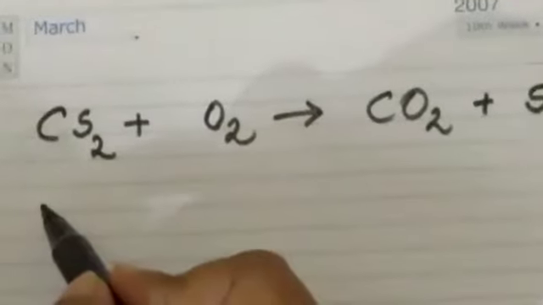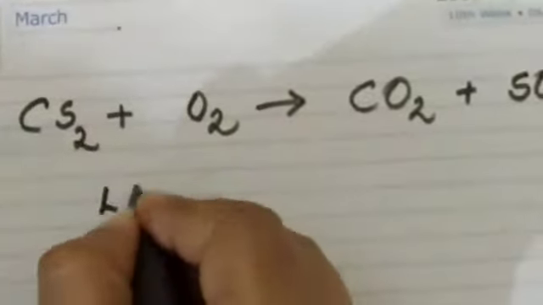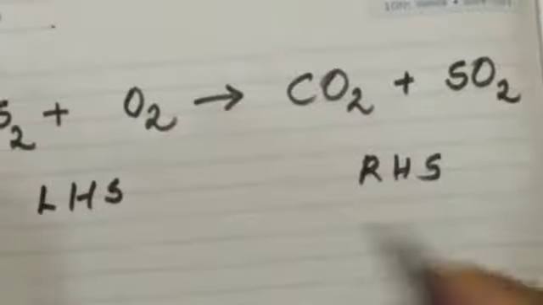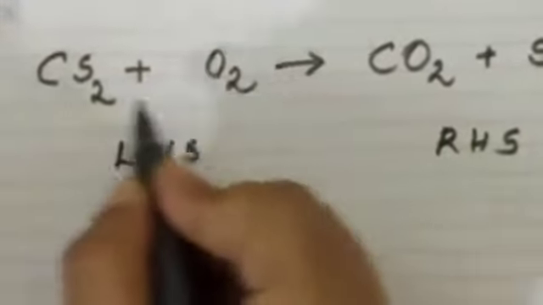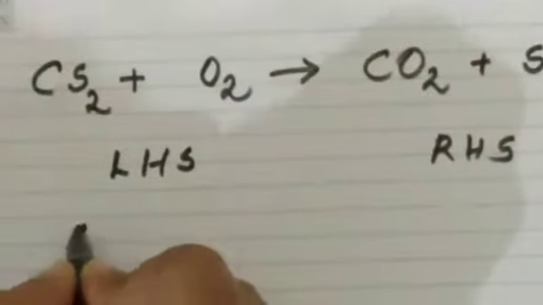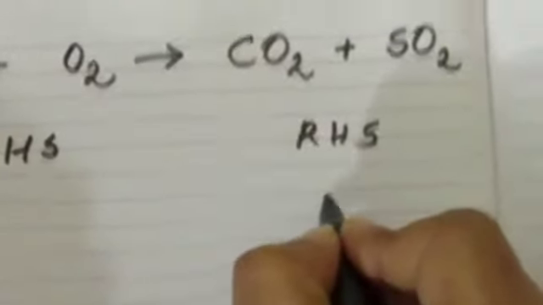To balance a chemical equation, first step is write the left hand side. Left hand side means reactants and right hand side means products. Now, write the elements present on the reactant side: carbon, sulfur, oxygen. Same elements present on the product side also: carbon, sulfur, oxygen.